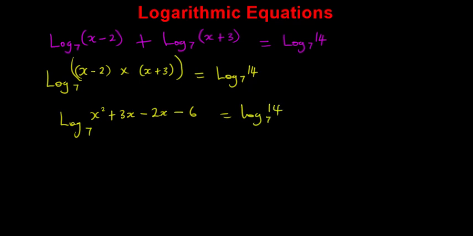And if we look at this, since they are of the same base, log base 7 and log base 7 cancel out. Then we have back our x squared plus 3x minus 2x minus 6 is equals to 14.